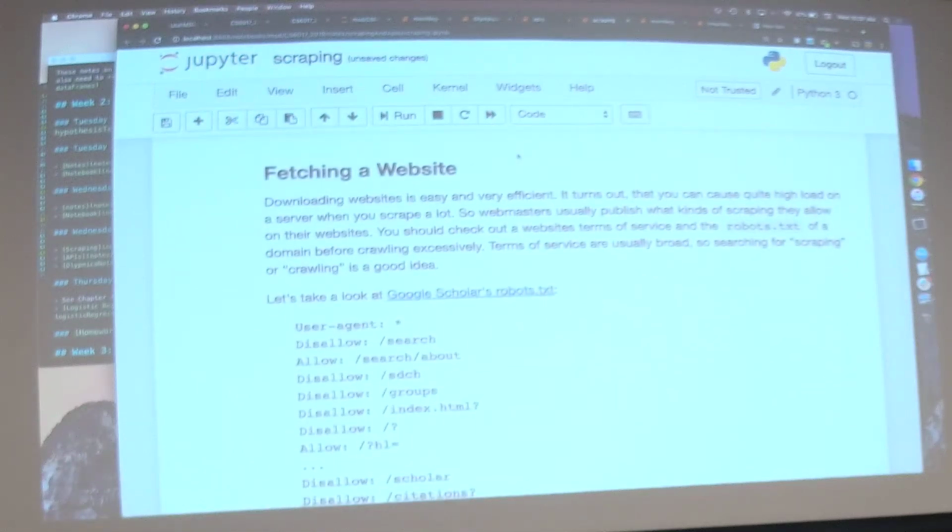How many people ended up using Beautiful Soup for John's class? What did other people use? Selenium, like a headless browser? Some people were just scraping static websites. A lot of us were scraping sites with JavaScript. Once you loaded it in Selenium, what did you do with it?